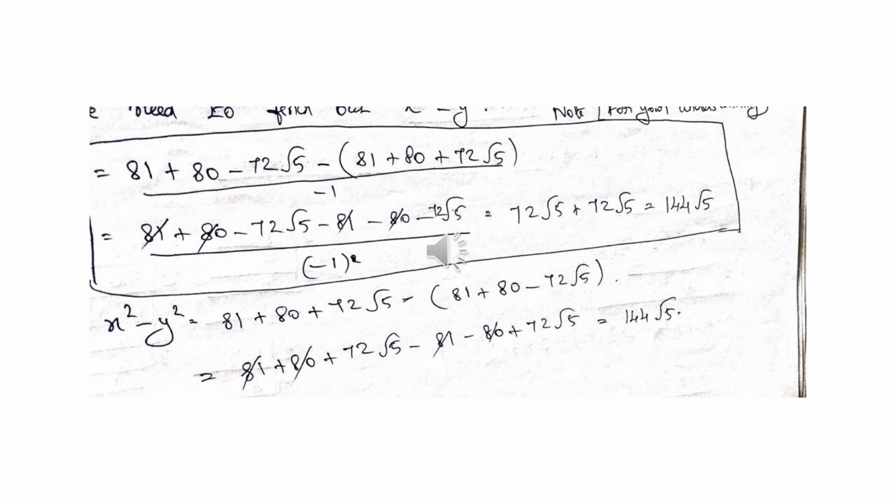Third sum, we need to find out x plus 1 by x the whole square. Okay, already we know that x plus 1 by x is equal to 5 root 3 plus 3 root 2 by 2.